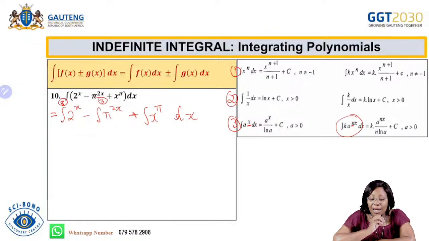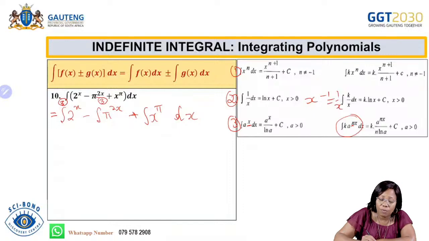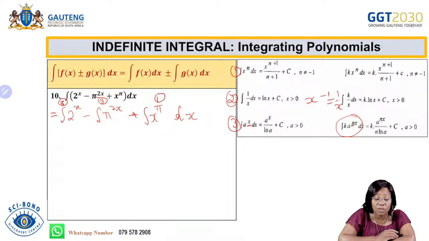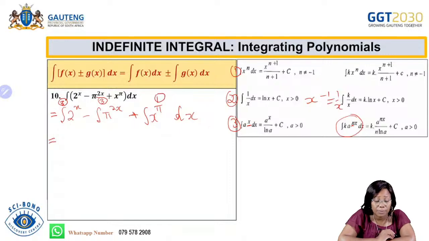It's x with an exponent being a number. As long as that exponent is not minus 1, it falls on rule number 1. If it's x to the power minus 1, remember it's rule number 2, because this is the same as 1 over x. So for this one, it's rule number 1. Can you see, grade 12? Now we have rule 3 and rule 1 to apply here. Happy now, we can give the answer.